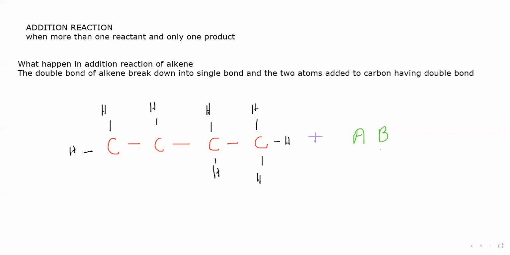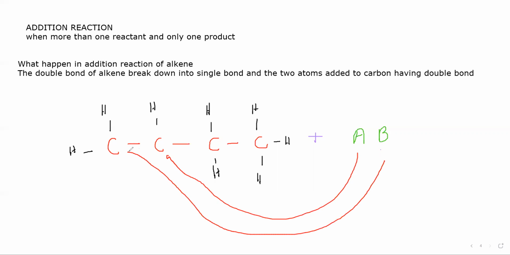With which substance will they form a bond? They will form a bond with the reactant. So one of them will form a bond with A and another one will form a bond with B. So the double bond will break and the reactant atoms are added to each carbon atom. Example, reaction with hydrogen.